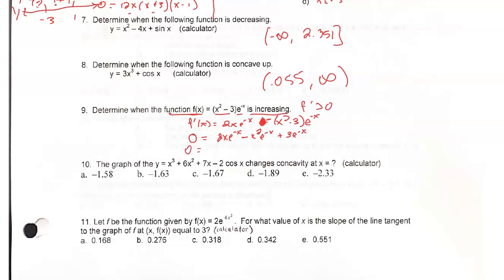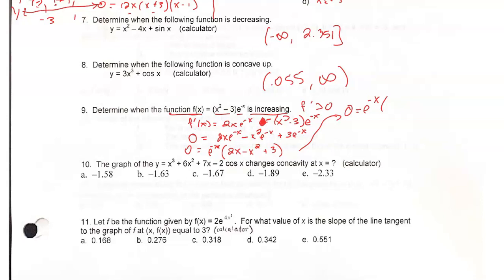We're going to go ahead and pull out our common factor of e to the negative x. That leaves you with a 2x minus x squared plus 3, and then the order's kind of messed up, so we're going to do that in the next step. e to the negative x. Let's rearrange this. At the same time, notice how the x squared is a negative.